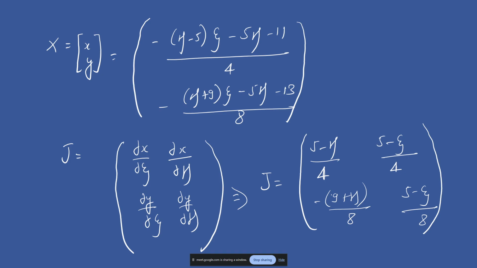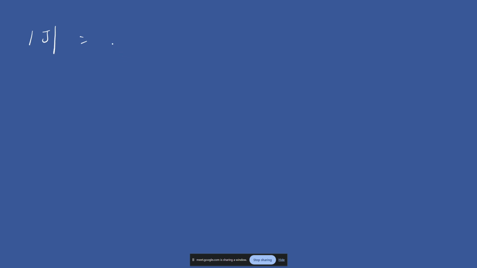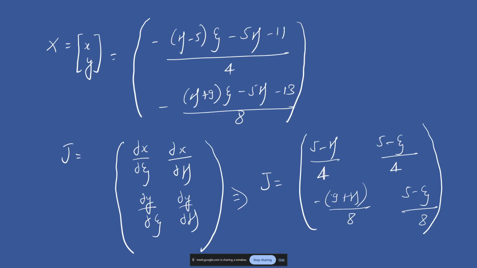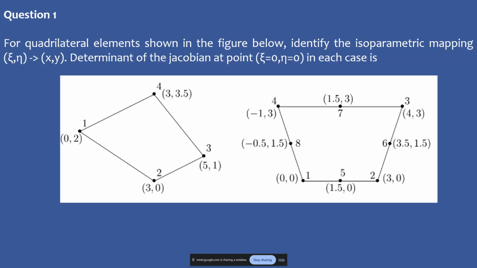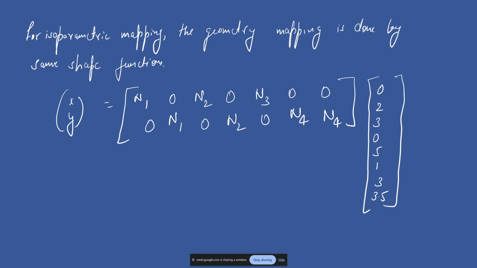Once you have that, you can get the determinant of the Jacobian, which is minus 7 xi minus 35 by 60. And what has been asked in the question? You need to determine the determinant of the Jacobian at the point xi equals 0 and eta equals 0 in each particular case.